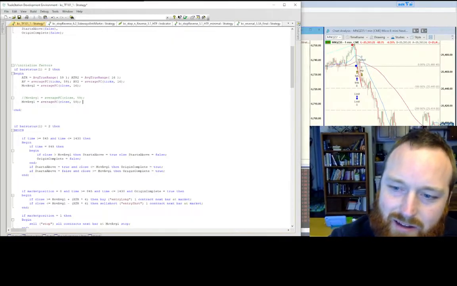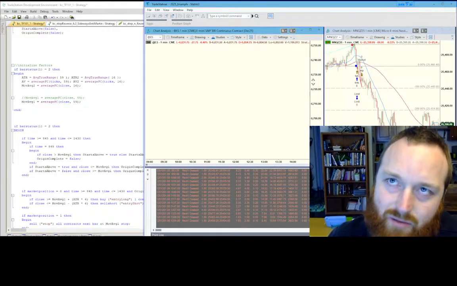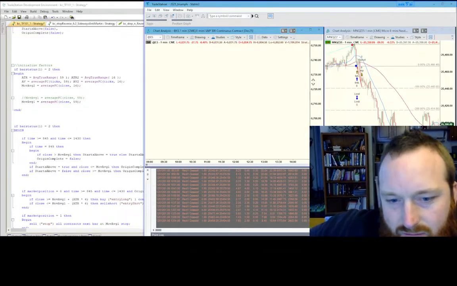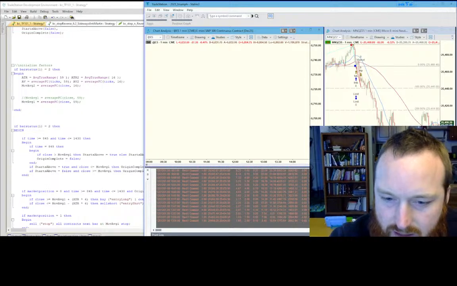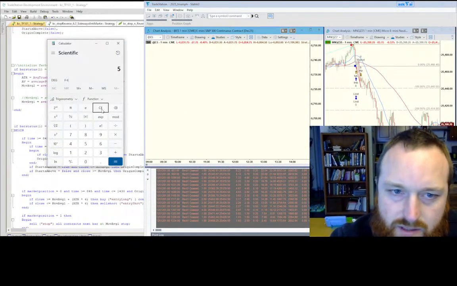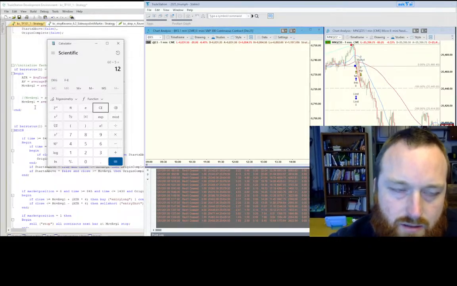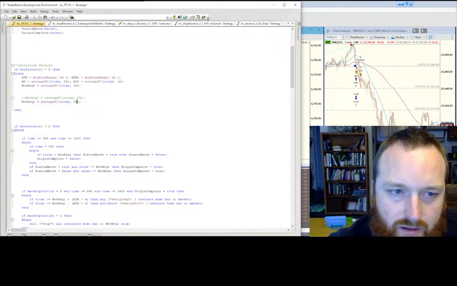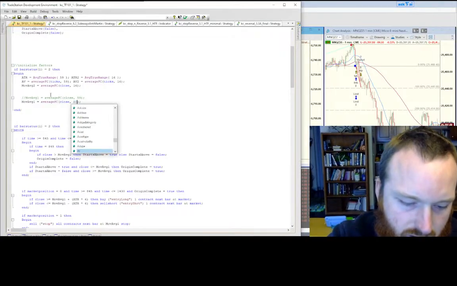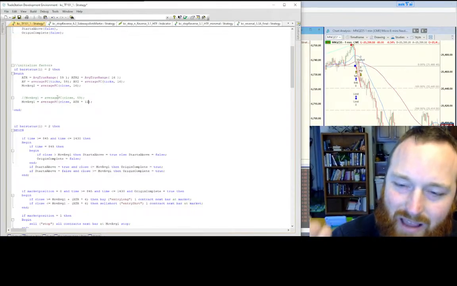I already looked at ATR. It's about 5 on average. So 5 times what equals 60? 60 divided by 5 is 12. So 12 ATRs is my length of the moving average.